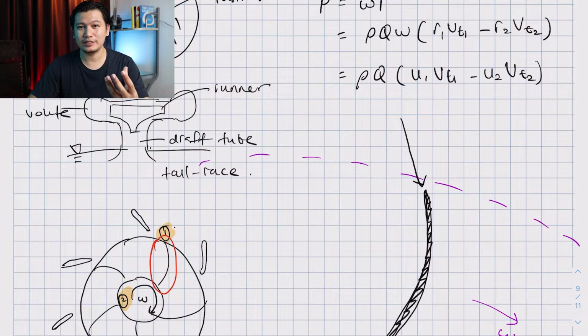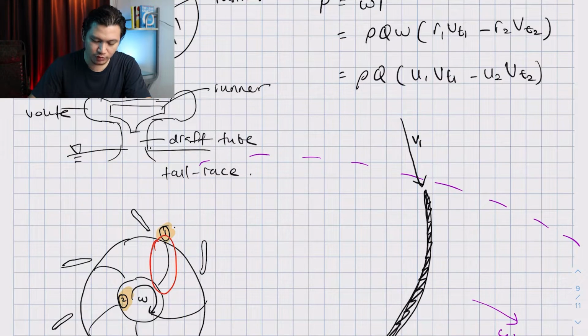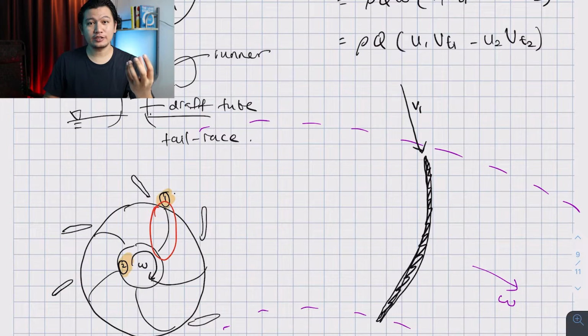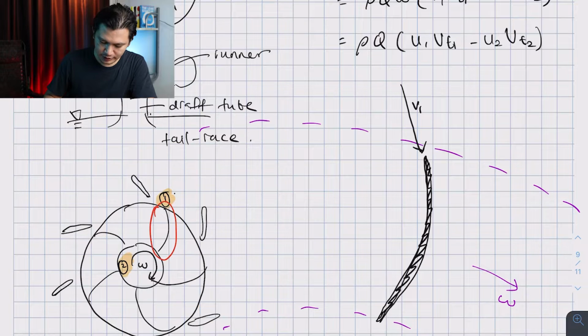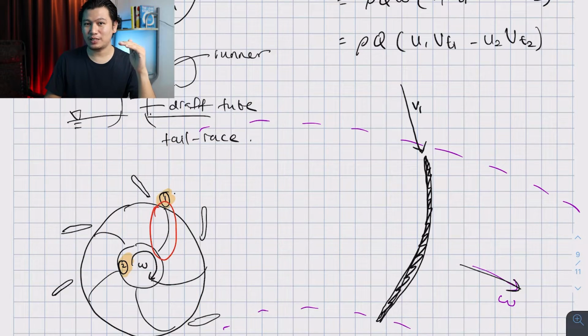Still remember what the notation for relative velocity is? It is a small v, right? So this is my small v. And of course, another component that you have is the blade speed. Because the rotational velocity is in this direction, I'm pretty sure that my blade will move from left to right.